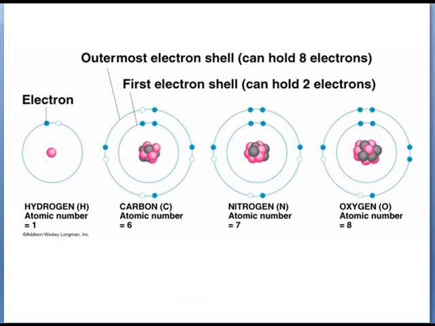Now, if we take a look at this slide, we will notice that the hydrogen atom, which has 1 proton, the atomic number is 1, it has 1 electron going around in that first shell. If you look at carbon, the first shell contains 2 electrons, and then the second shell has 4 electrons.